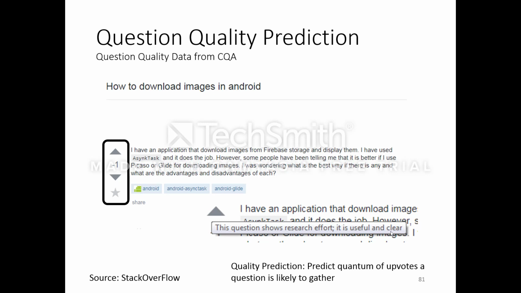And quality prediction is just about predicting the quantum of upvotes a question is likely to gather. So let us say somebody has just now posted a question. You would want to have a prediction mechanism that will predict the likely quantum of upvotes that it is likely to gather, right? Okay, so let's look at this paper from ICWSM 2014, and this is by Ravi and others.